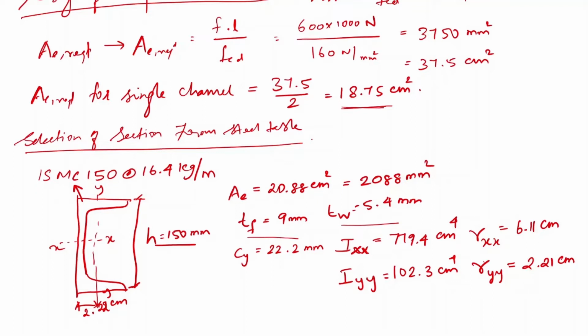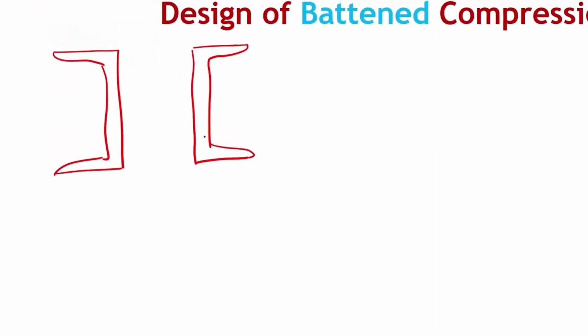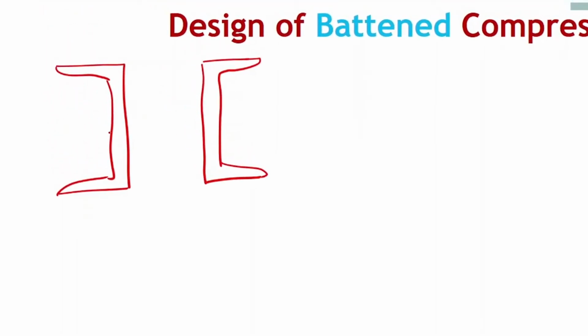Once you have selected the channel section, the next step is you need to arrange it in such a way that the moment of inertia about the minor axis is more than or equal to the moment of inertia about the major axis. This is a two channel section. I'm going to arrange it back to back, and this is the global axis XX, and this is the global axis YY.